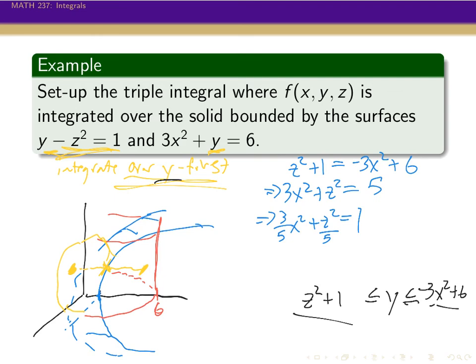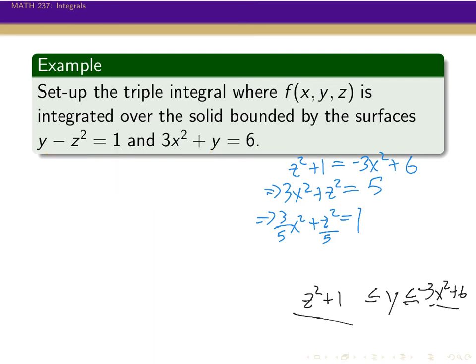On the xz plane, if we're looking at this, let's call this the x-axis, this is the z-axis. So this is an ellipse.